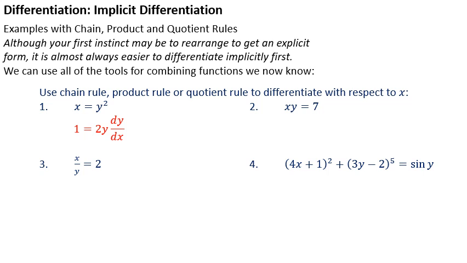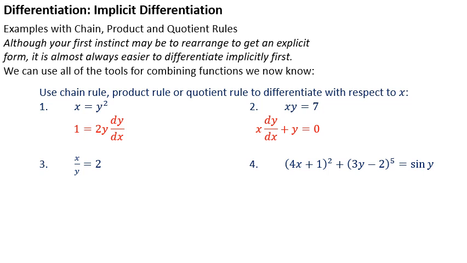Question 2, this is a product. It's a product of x and y. So we're going to use product rule where we have u v dash plus u dash v. In other words, x multiplied by the derivative of y plus y multiplied by the derivative of x. So each one will appear as its differentiated version and its undifferentiated version.